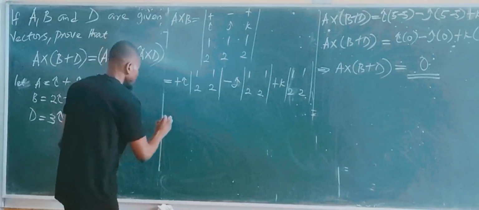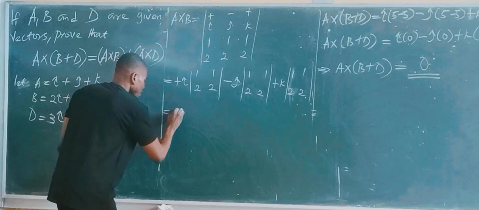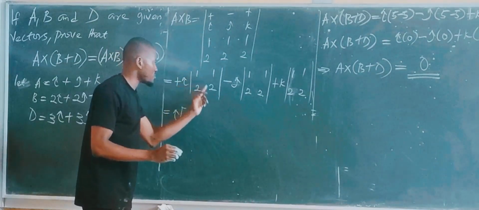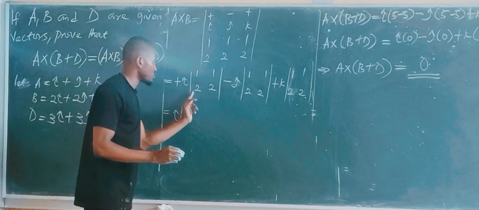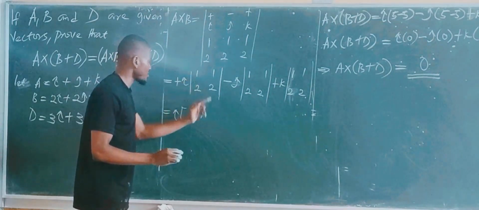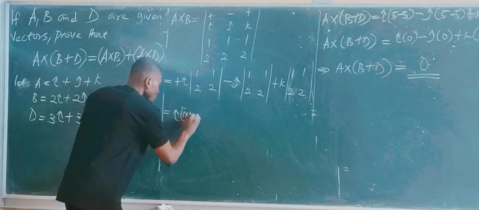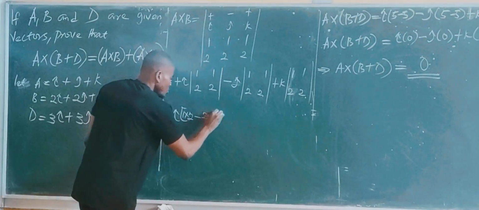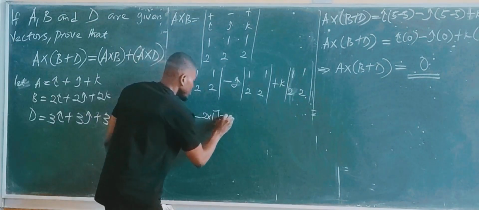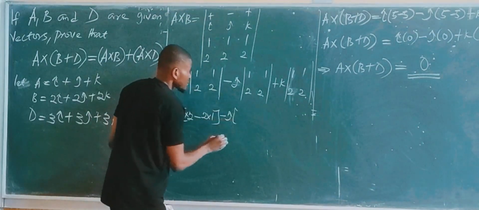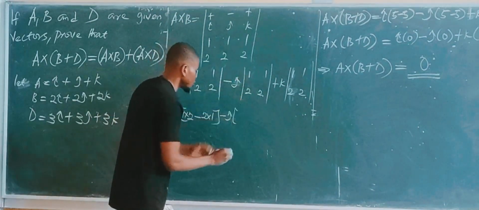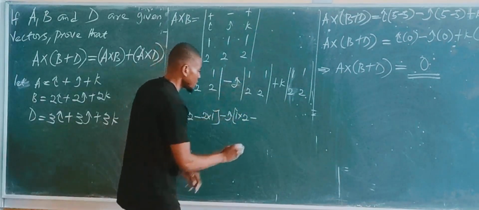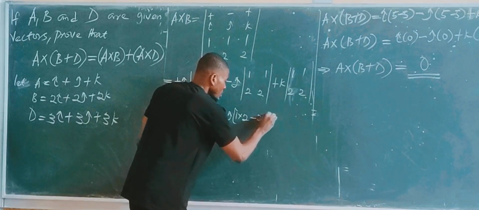Now let's evaluate this and see. So we have i into, of course, I said multiply the major together minus the minor. So this is 1 times 2, which is the major, minus the minor, 2 times 1. Minus j is the same thing, 1 times 2 is the major, minus the minor, 2 times 1.